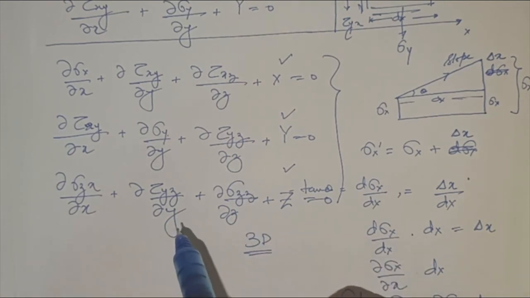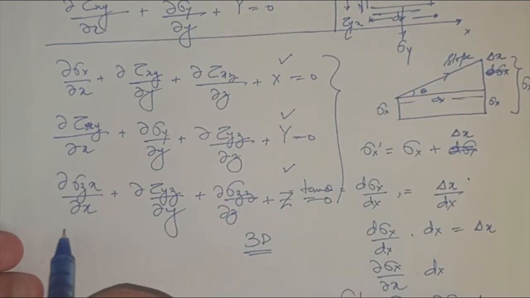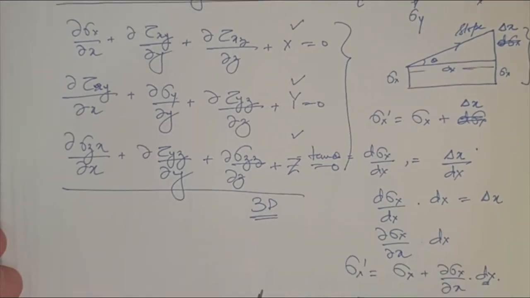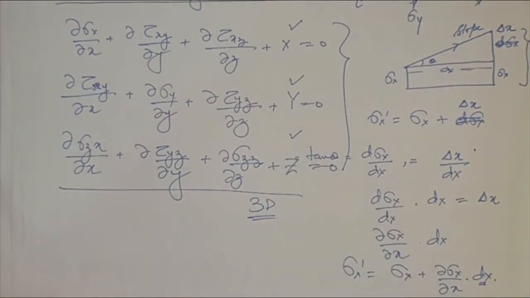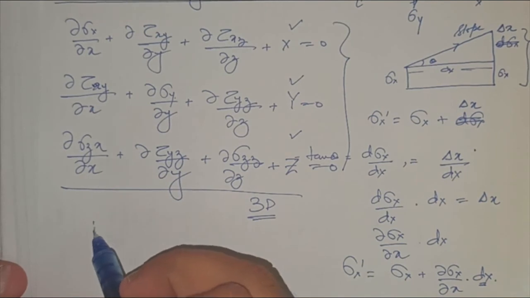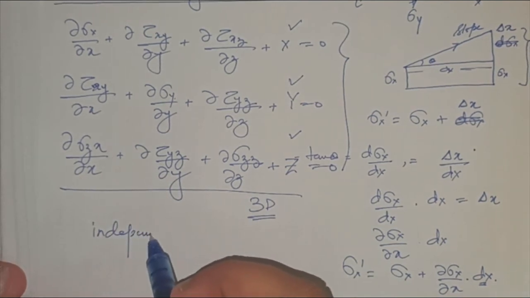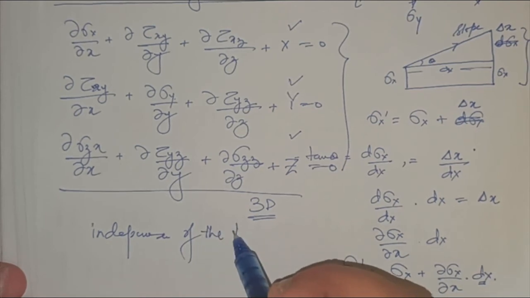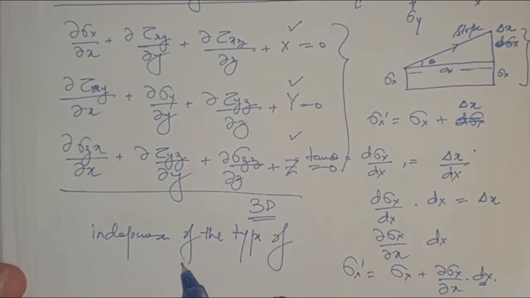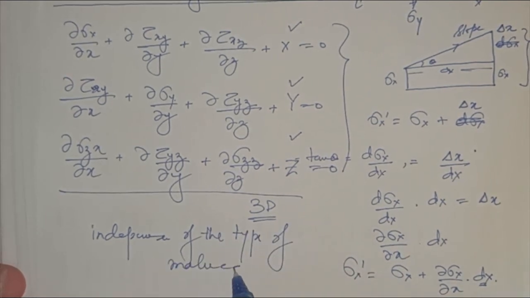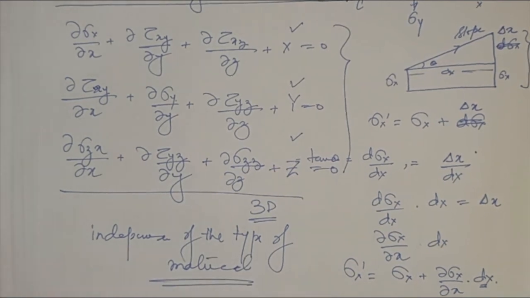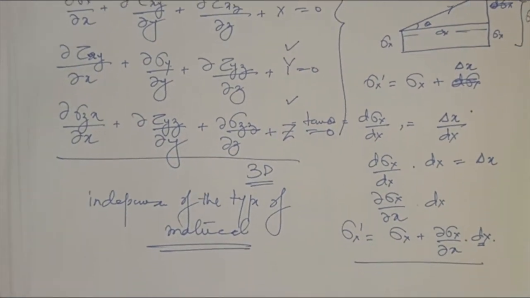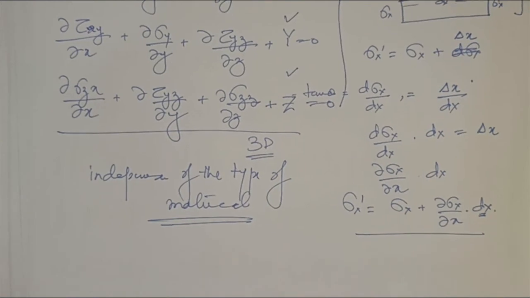Now, it's very important here to analyze that these equations are independent of the type of material that we may be using. So these equations are independent of the material.